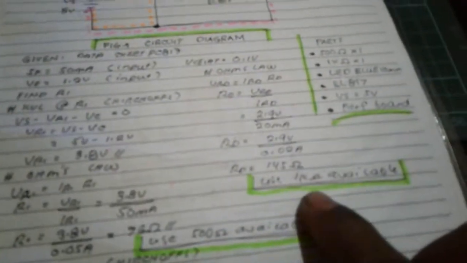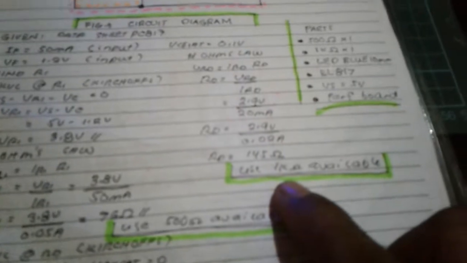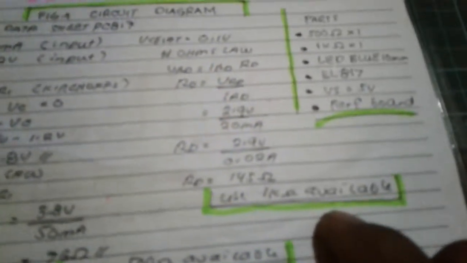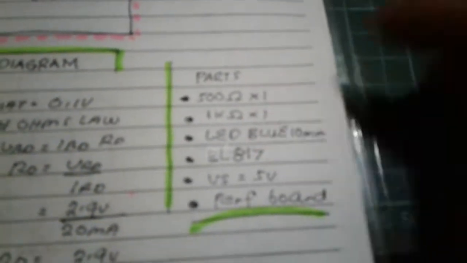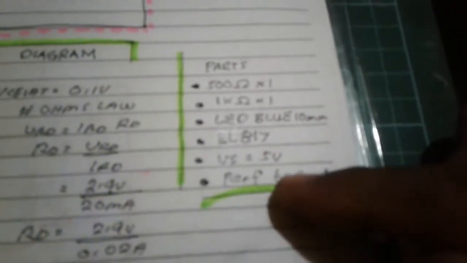I use 1 kilo ohm. That's my available resistor. I just use this one for much bigger protection. We have the parts here: 500 ohms, 1 kilo ohm, LED, EL817, 5 volts, and perf board.